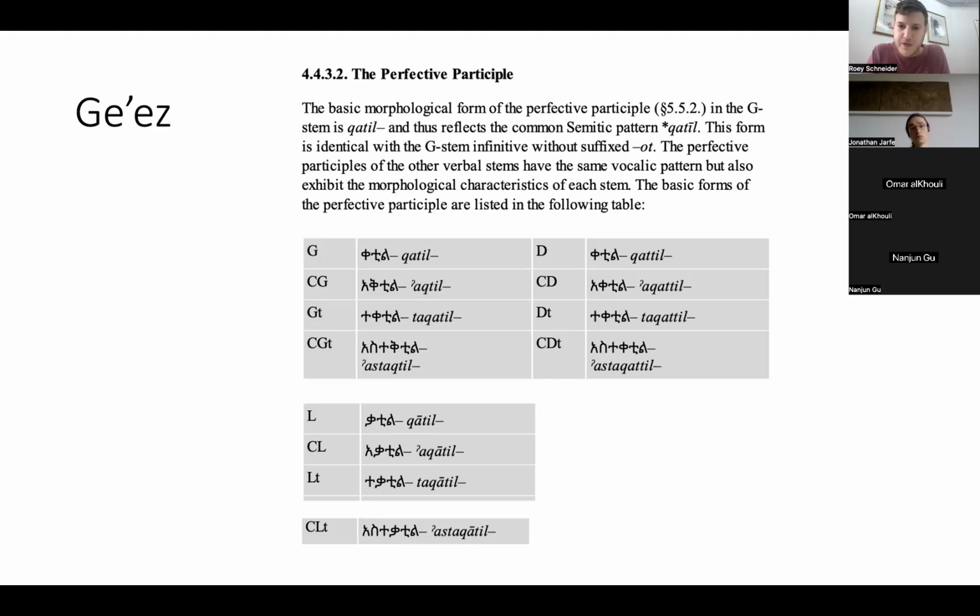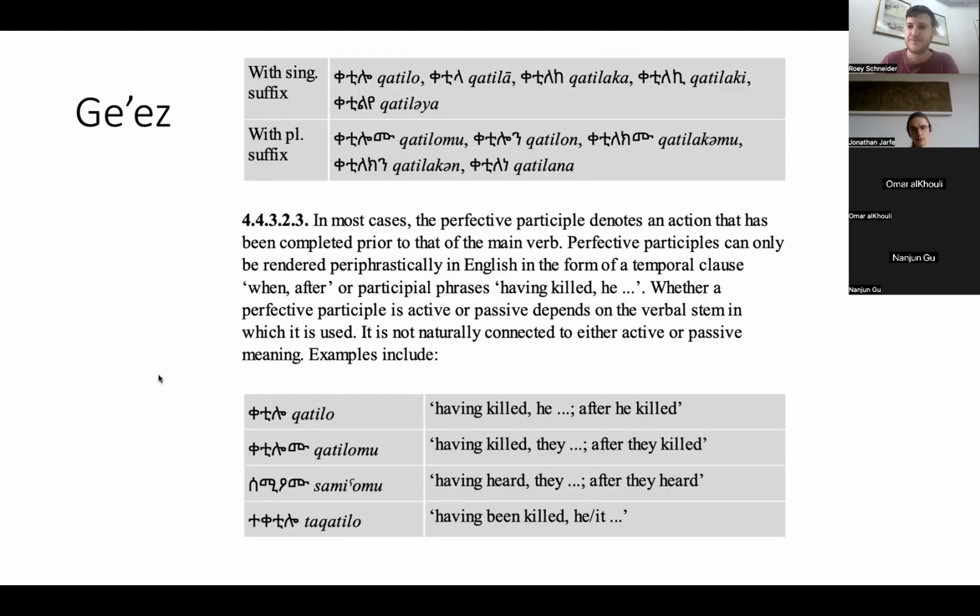This form is historically some kind of verbal noun or adjective that inflects with historically possessive pronouns, but has become a verbal form. So katilo, katila, katilaka, katilaki. This means, well, as they say, in most cases, it denotes an action that has been completed prior to that of the main verb.